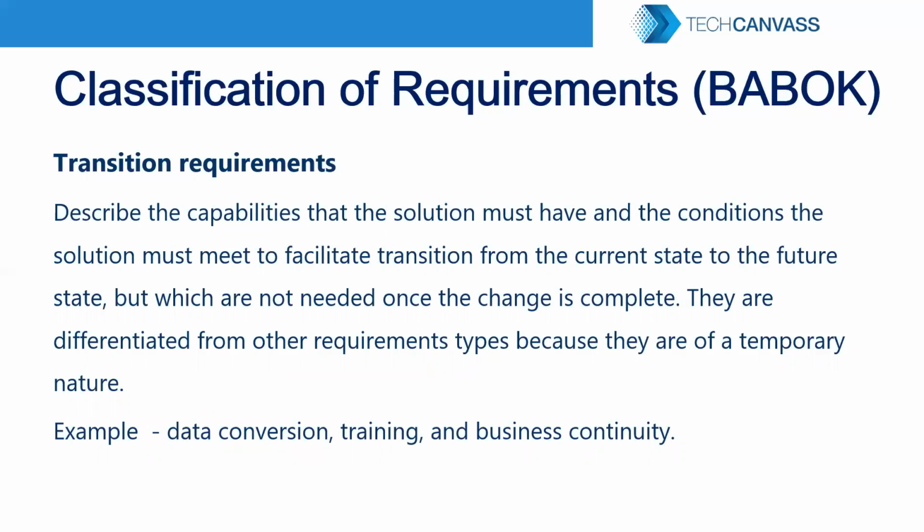Some kind of migration of data is also required. There is a pre-existing system where they have accumulated data over the years. The new system has to have that data to be able to generate comparative reports or reports of the previous year. Unless that data is migrated to the new system, the system is not used. So this is the classification of requirements as per BABOK.